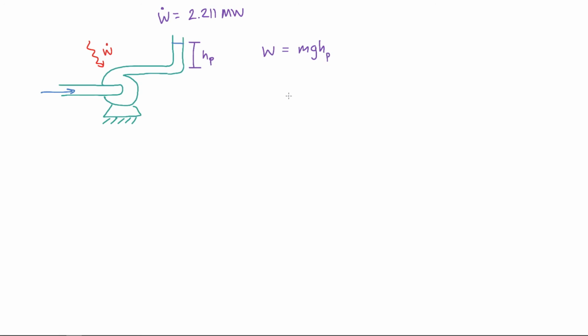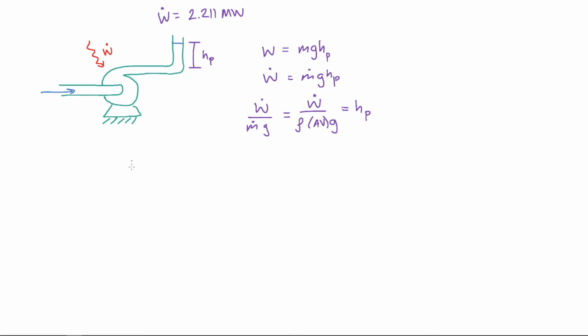Now, since we're dealing with an open system, we're dealing more with a dynamic equation, meaning this is in terms of power and this is in terms of mass flow rate. So this is m dot g h_p. Therefore, if you want to find the pump head, all we have to do is divide by m dot g, and that's another way to write W dot over rho times V dot times g, and that'll give you the head of the pump.